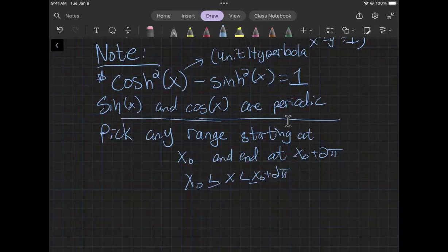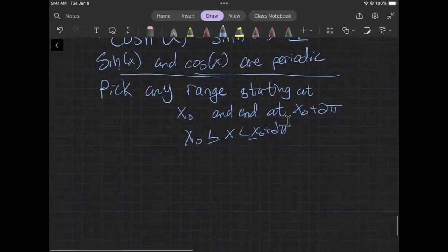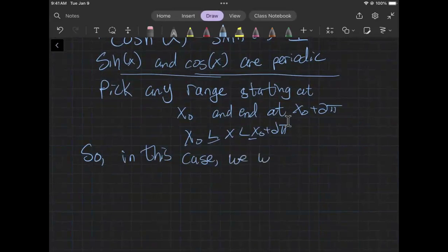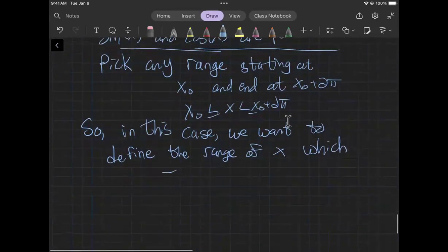In this case, we want to define the range of x such that x is in between minus pi over 2 and pi over 2.